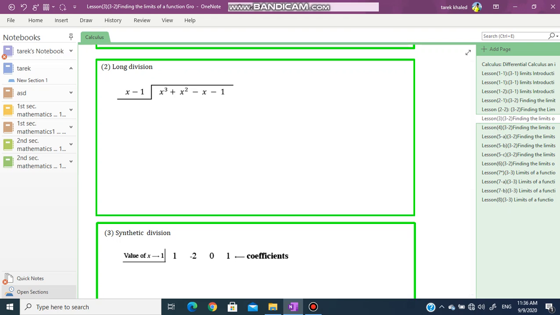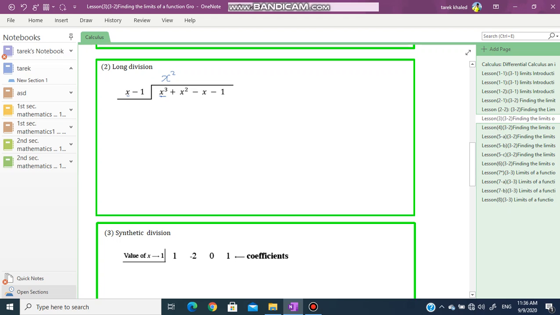To use long division, we take the first term, x power 3, with the first term. So x power 3 divided by x will be x power 2.